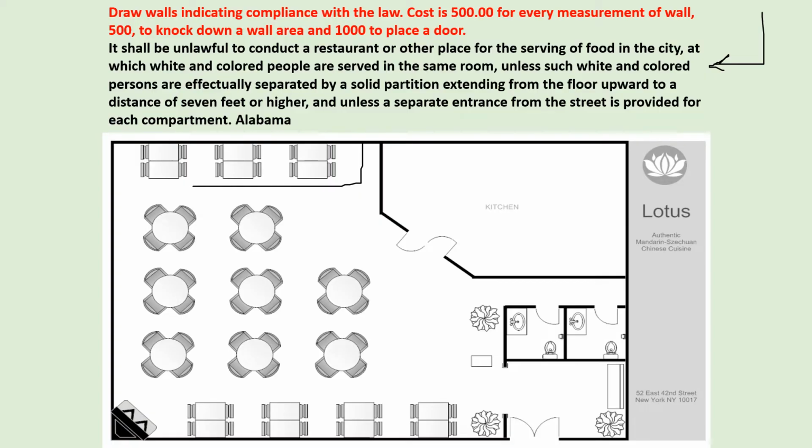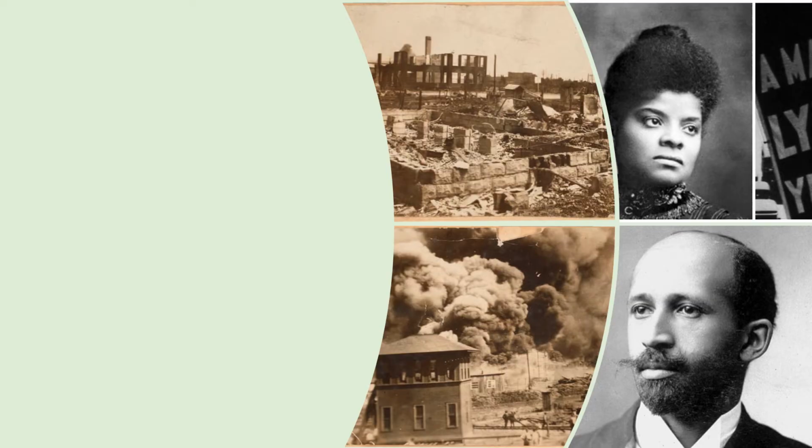Now keep in mind, if you split it like this, there could be an argument that this is actually not equal because we do not have the same amount of chairs in this area that we do here. So you would have to figure out a way to separate this restaurant because it's asking you to have a solid partition from the floor. And again, this is an example of the segregation laws that are going to be put in place by the state governments.